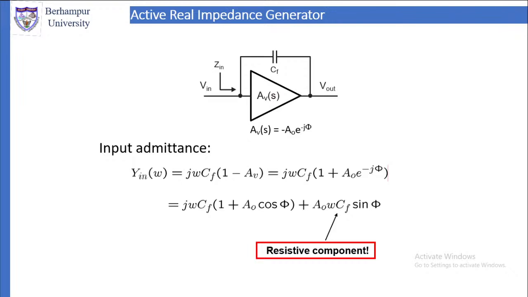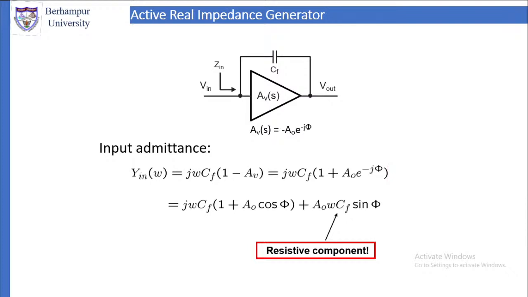So YF is equal to j omega CF, and Yin is equal to YF into 1 minus AV. So you can write it as j omega CF into 1 minus AV, where AV is equal to minus A0 exponential minus j phi. If you put that, you get j omega CF into 1 plus A0 exponential minus j phi.